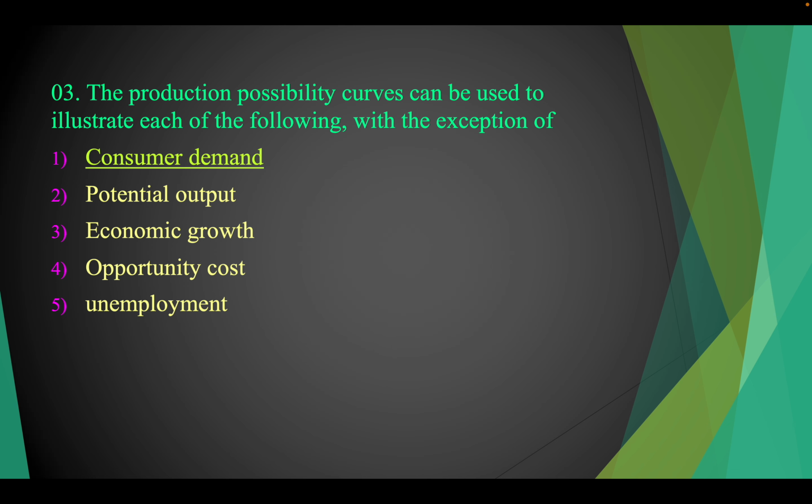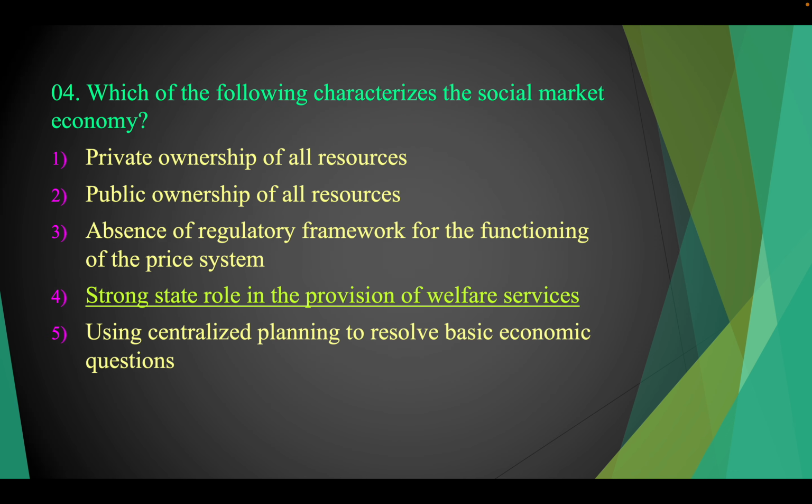Opportunity cost can be represented by a move from one point to another point on the production possibility curve. Unemployment can be seen by the point moving to within the PPC. But consumer demand, we cannot represent by the production possibility curves. We have to use the demand curves to show consumer demand. That is the exception. Then fourth question.